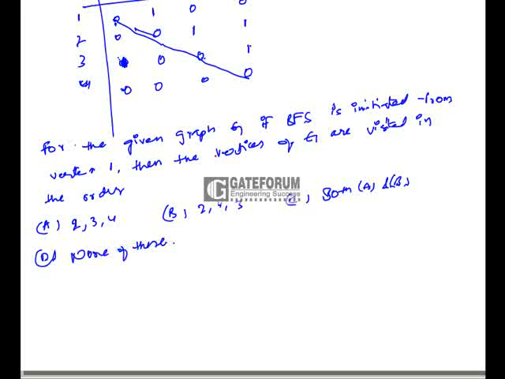Here the question is for the given graph G, if BFS is initiated from vertex 1, then the vertices of G are visited in what order.